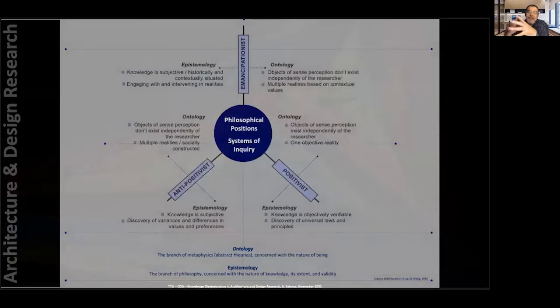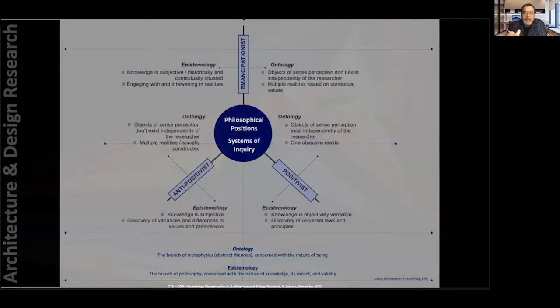There are three major systems of inquiry, and all of us are familiar, but this is just a reminder of Groat and Wang's work, which is influential in many ways. And from that, we can read a lot about the nature of research in architecture and urbanism.